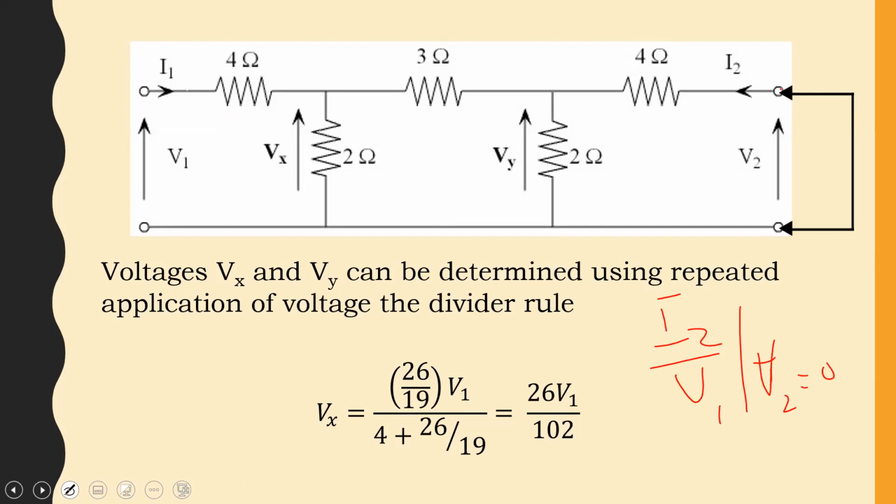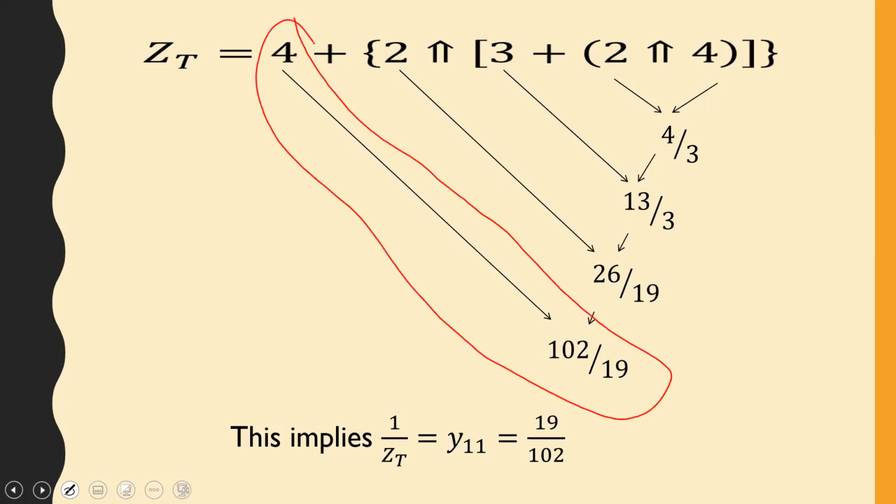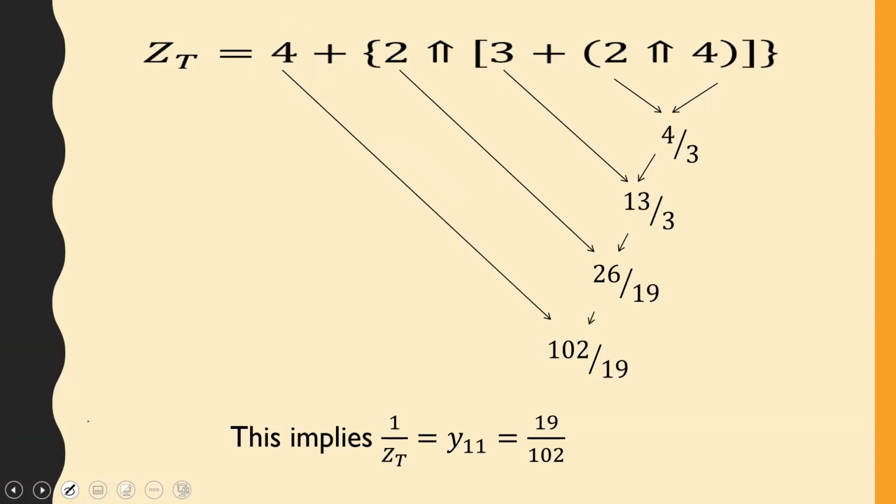Now, with the short circuit here, it means that the 2 and the 4 are in parallel. Of course, we saw that from the resistance equation. So in finding Vx and Vy, we are first finding the voltage division between 4 and 26/19.